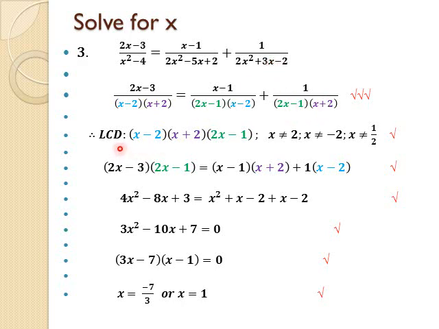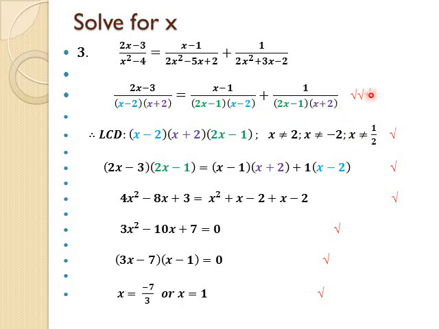Right, so my lowest common denominator, I have x minus 2, I have x plus 2, and then I have 2x minus 1. x cannot equal 2, x cannot equal negative 2, and x can't equal a half, because that would make all of them 0.